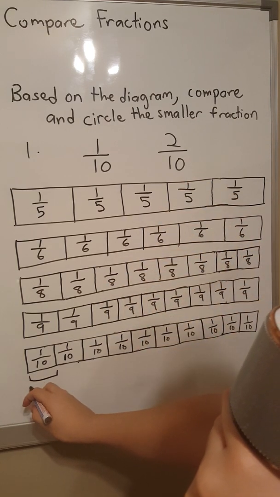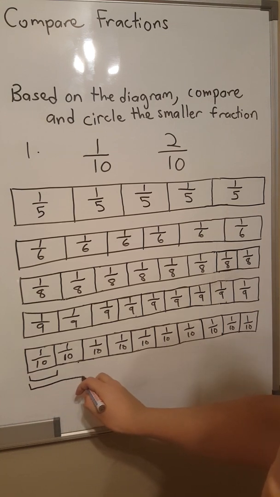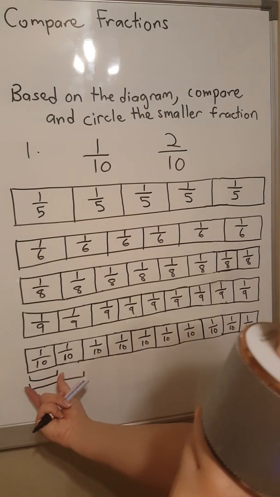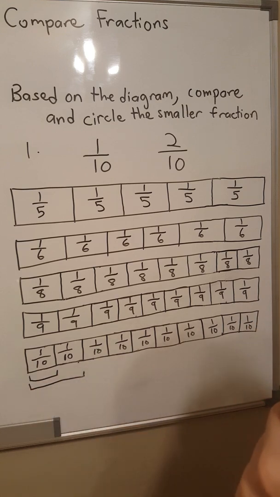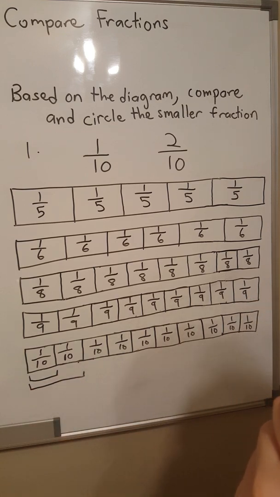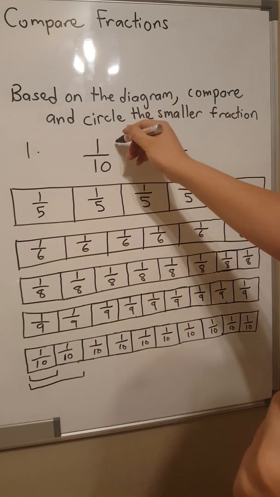So 2 over 10 is from here to here. Right? That's 2 over 10. Clearly, 1 over 10 is a smaller fraction than 2 over 10. 1 over 10 is therefore the smaller fraction.